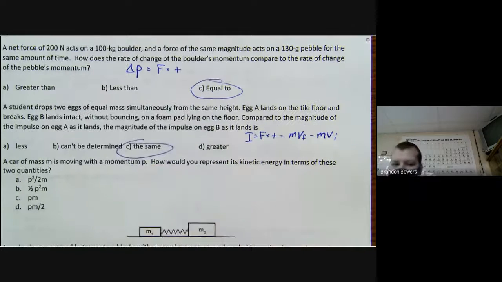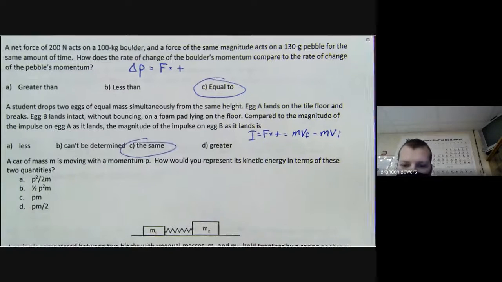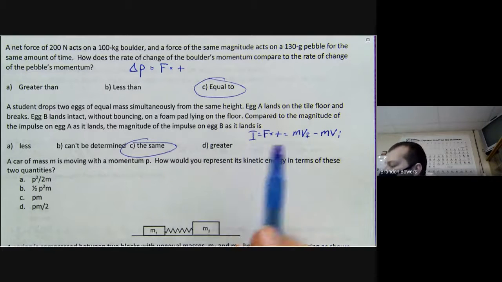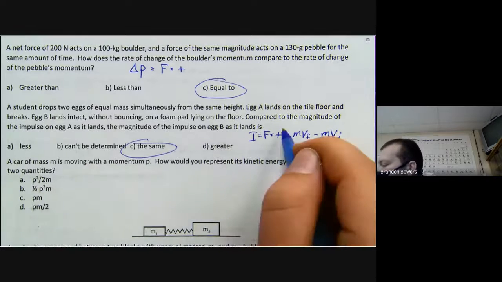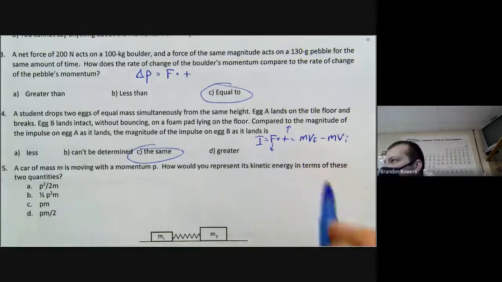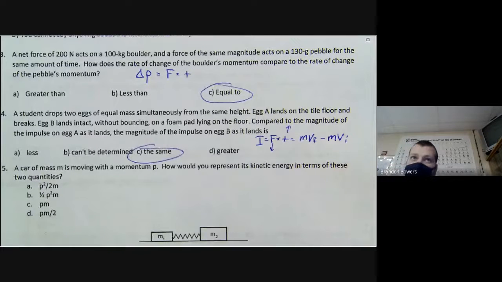This would be C. It'd be the same. Now, if we looked at this equation, if we looked at the force and time, on the foam pad, the time would increase, so the force would decrease for egg B. Just a different way to look at it.